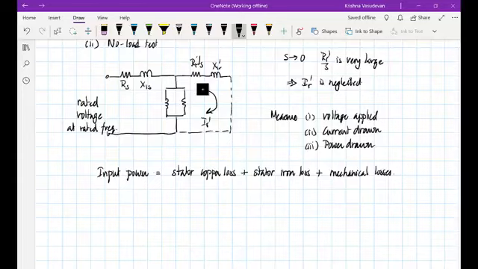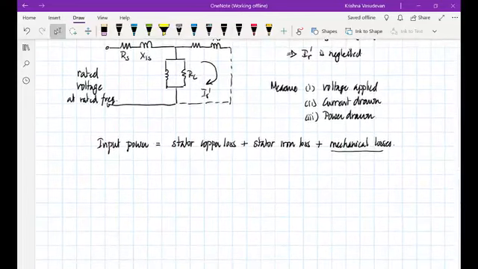So if we are to determine the value of RC, then we need to separate out the mechanical loss from all these three. How does one do that?